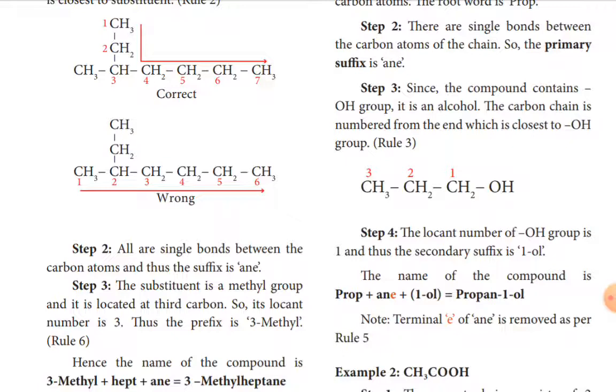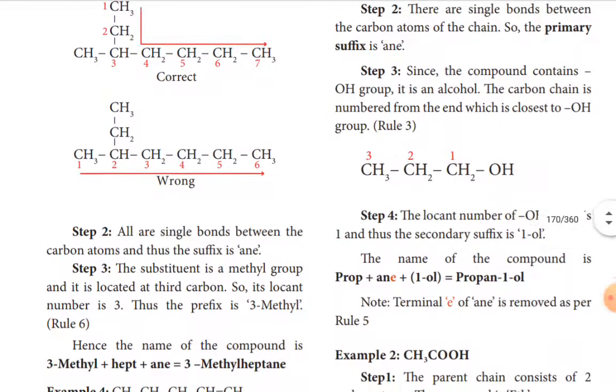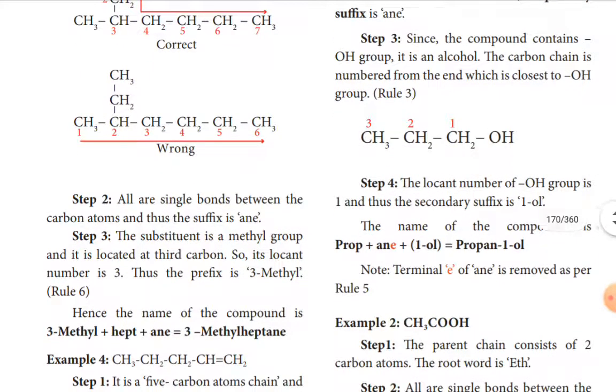So the prefix is 3-methyl, the root word is hept, and the suffix is ANE. When you combine 3-methyl plus hept plus ANE, you get 3-methylheptane.